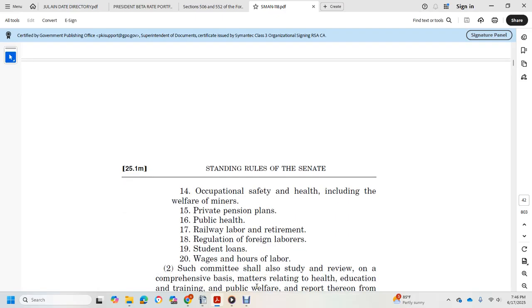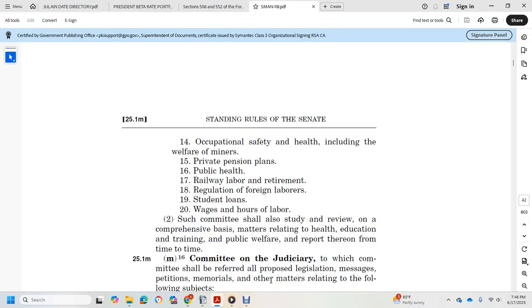Such committee shall also study and review, on a comprehensive basis, matters relating to health, education and training, and public welfare, and report thereon from time to time.